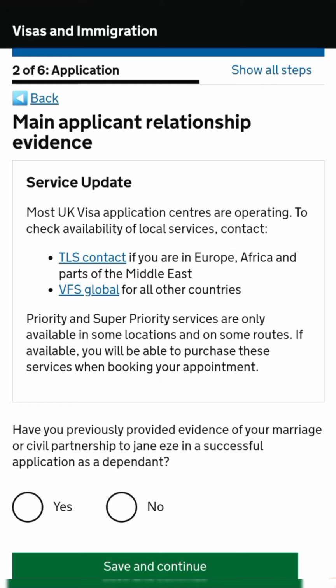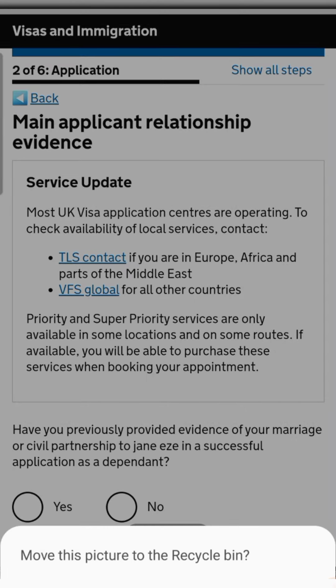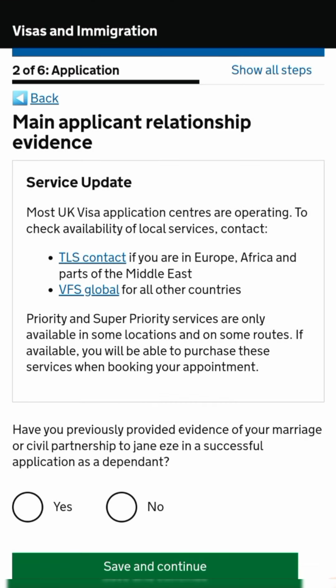If you guys have applied before as a couple and you've gotten a visa as a couple, then you can go ahead and say yes. But most people have not, and if you have not applied as a couple before, then your answer is no. There should be no confusion around this.